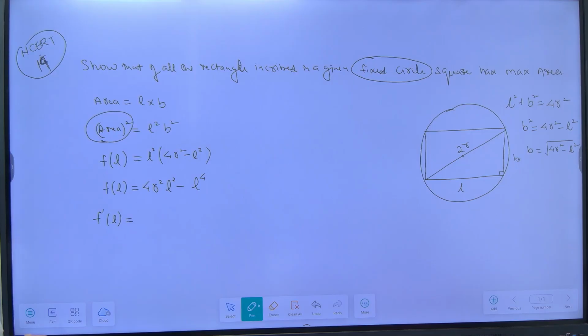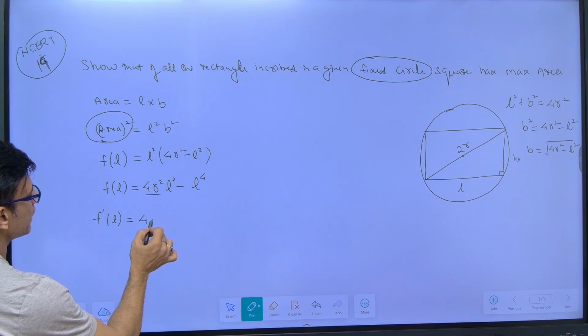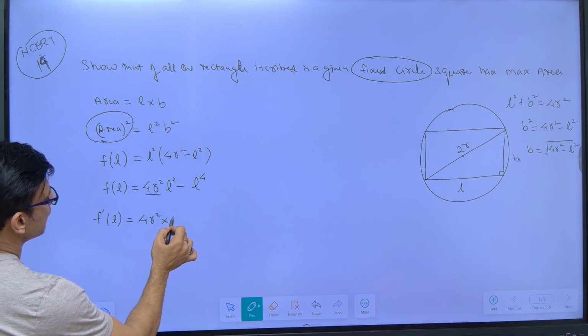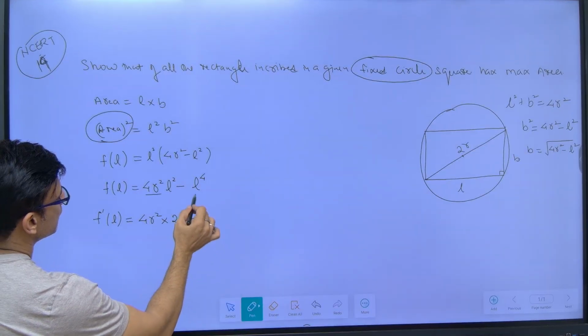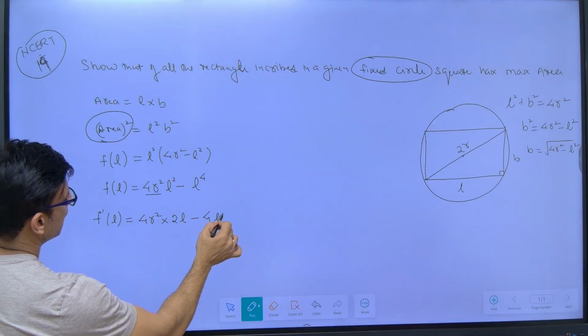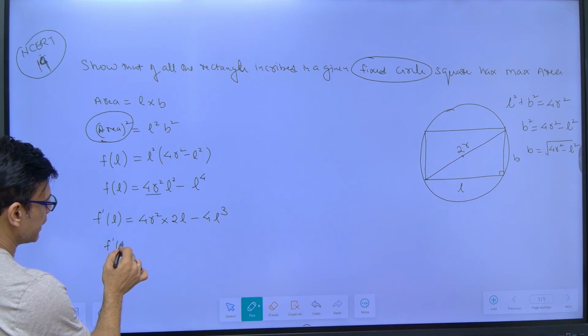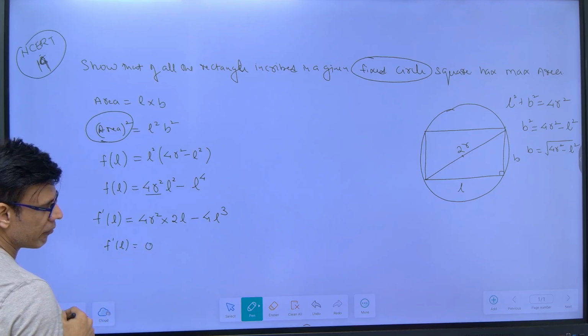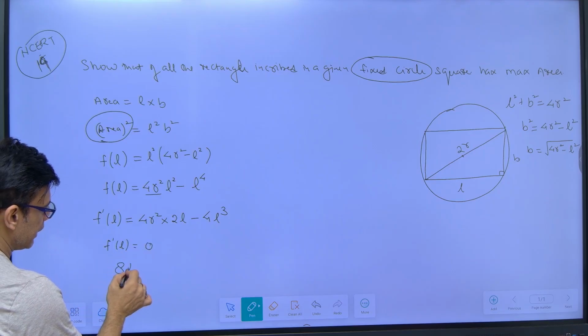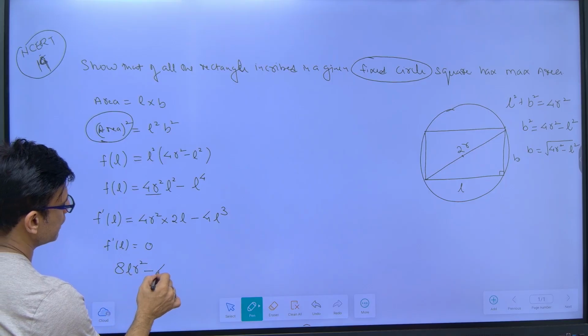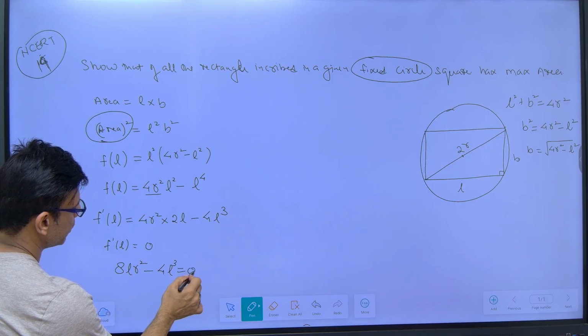In first term, this 4R square is constant. L square is minus 4L cube. And after that, what we do? Put F dash L is equal to what? 0. So this is 8L R square minus 4L cube is equal to what?